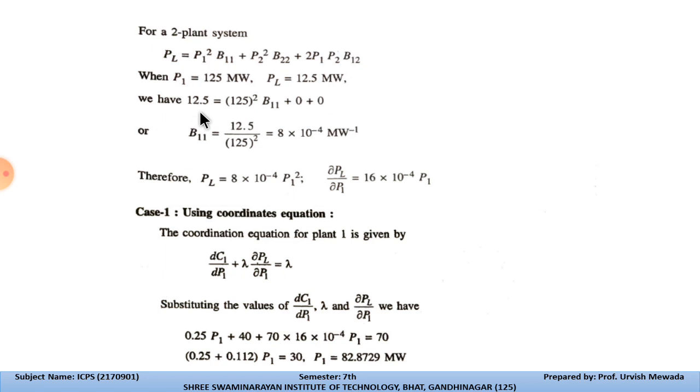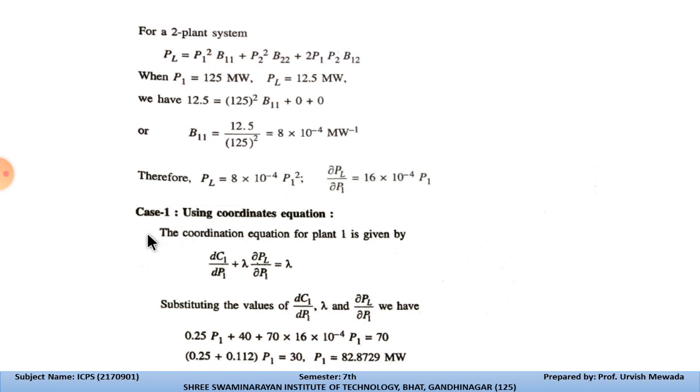So we have 12.5 is equal to 125 square into B11 plus 0. So B11 is equal to 8 into 10 raised to minus 4 megawatt inverse. Therefore we can write PL is equal to 8 into 10 raised to minus 4 P1 square, where del PL by del P1 is equal to 16 into 10 raised to minus 4 P1.